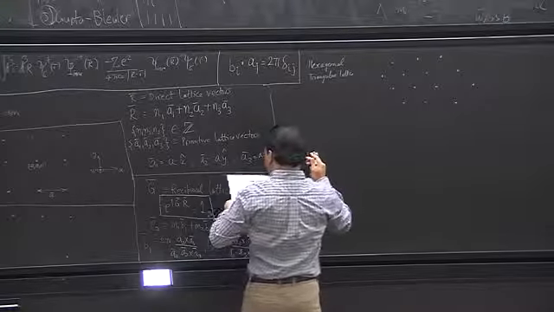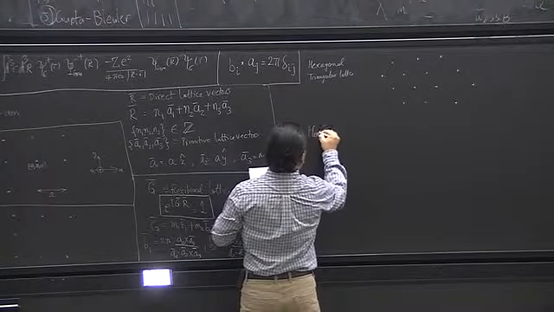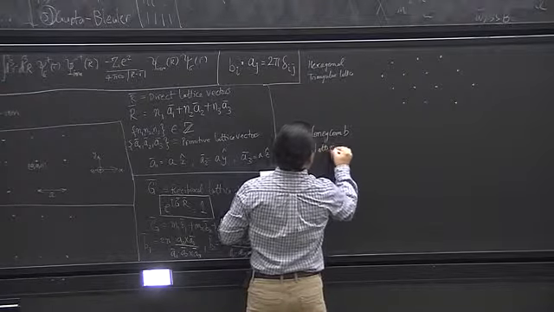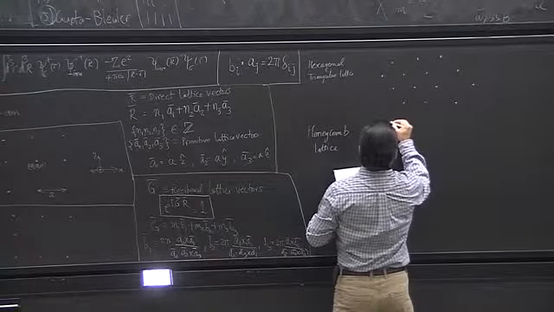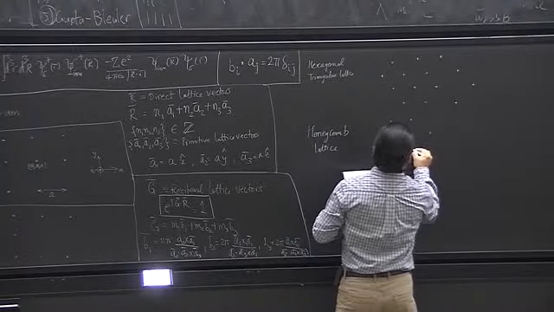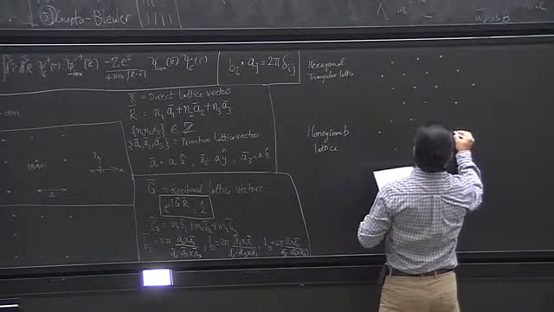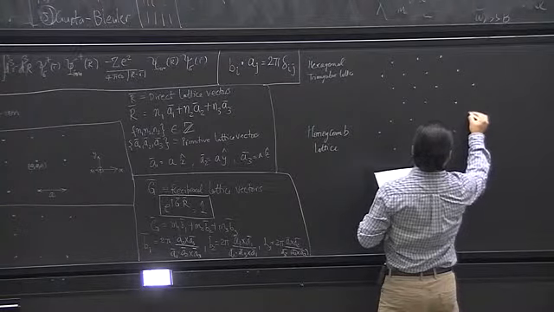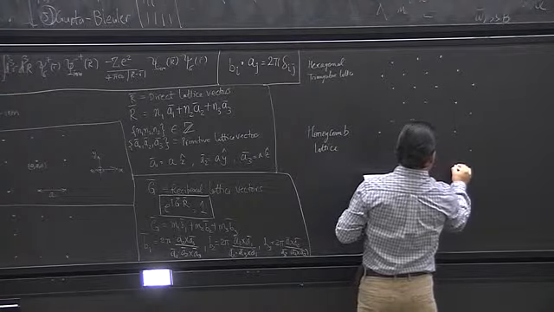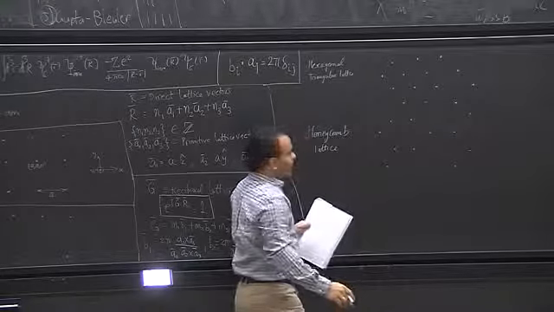So from this triangular or hexagonal lattice, what I'm going to draw next is the honeycomb lattice, which is simply a lattice like this. So you can keep drawing, and that will be the honeycomb lattice.